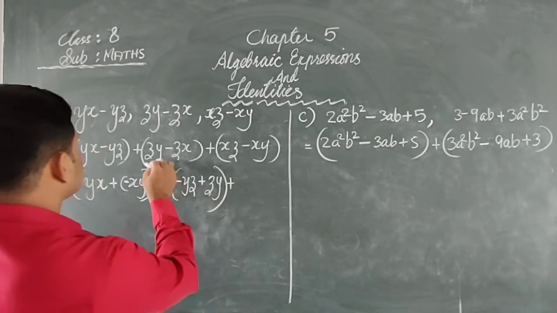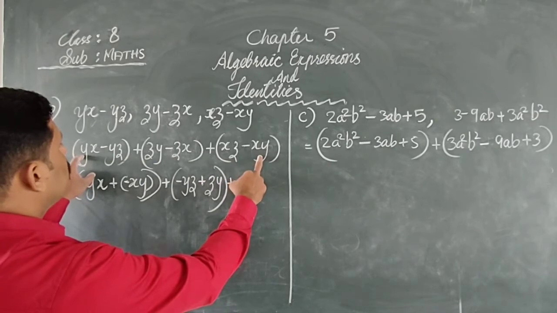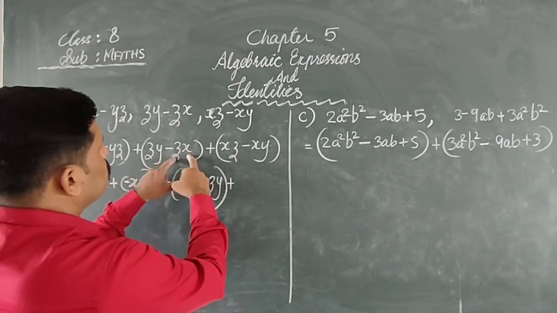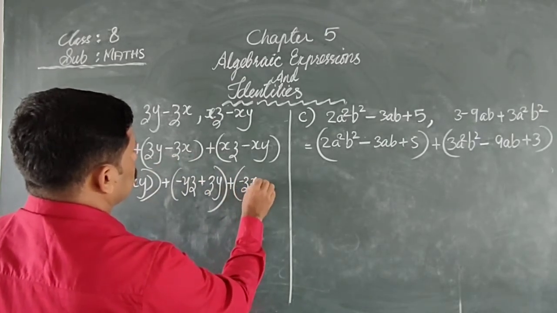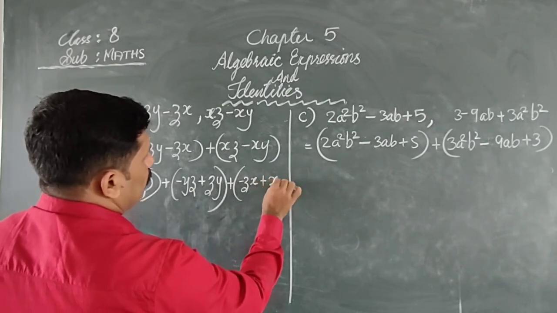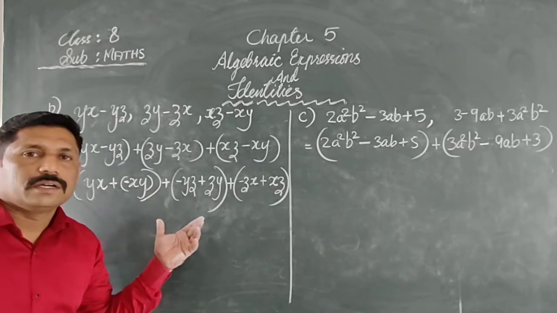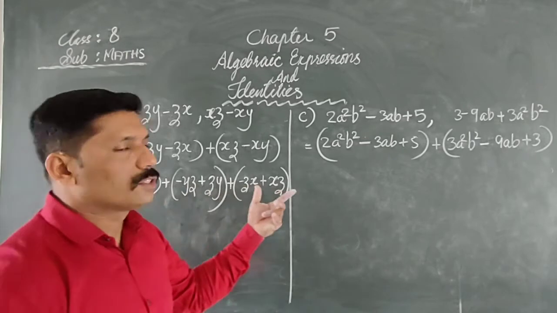Plus next, yx is finished and yz also finished, and then xz. Here negative zx plus xz. So all the like terms we have grouped with each other. This is a like term, this also a like term, this also a like term.